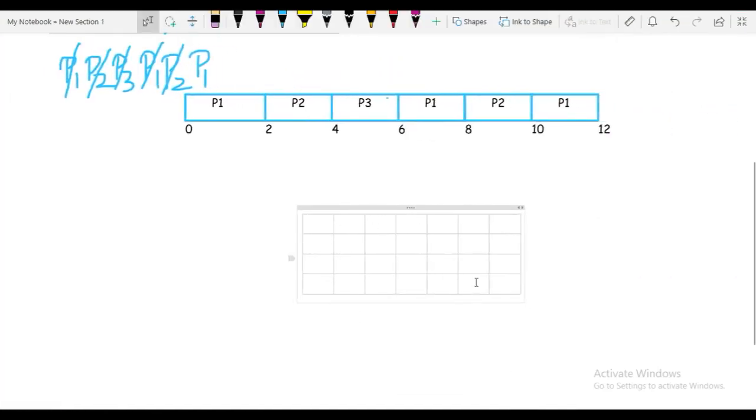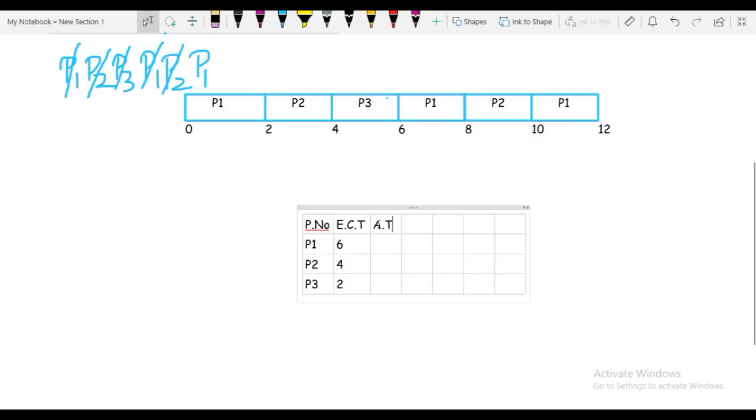Now this is process number. You have P1, P2, P3. Estimated completion time is 6, 4 and 2.